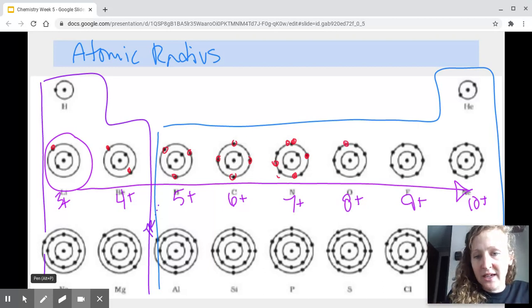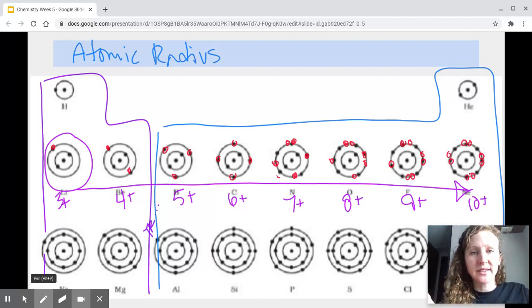And then on oxygen, there's 6 valence electrons. And fluorine, there's 7 valence electrons. And in neon, there's 8 valence electrons. So looking left to right, our valence electrons every single time are increasing by 1, increasing by 1, increasing by 1.